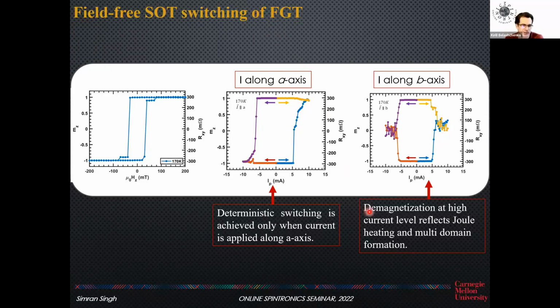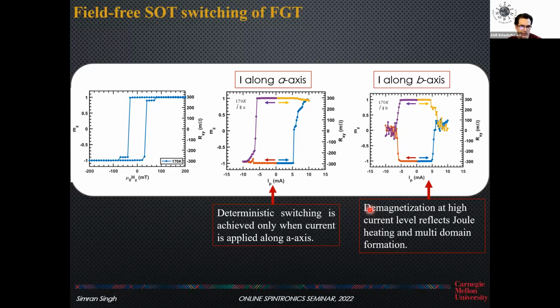Yes, thank you. Very interesting talk. I wanted to ask if you have some sort of statistics among a bunch of different samples, or how many samples did you get? I'm wondering in particular, since you're putting flakes on top of each other, you can potentially have devices with different angles between the crystallographic axes of the TMD and FGT, right?